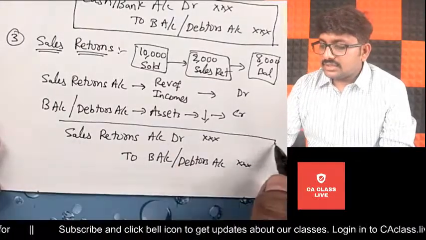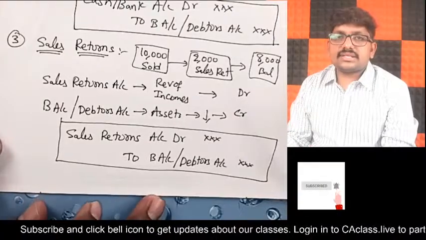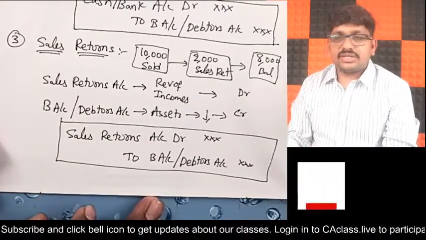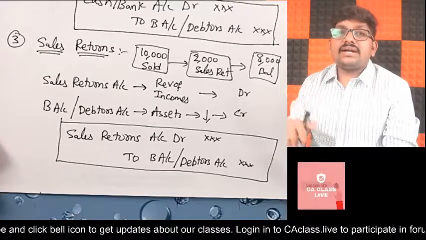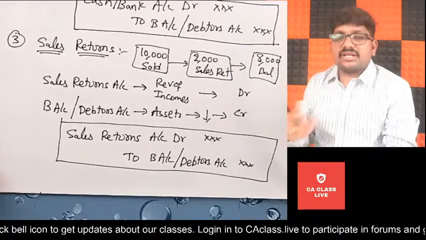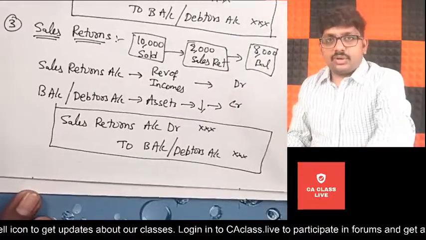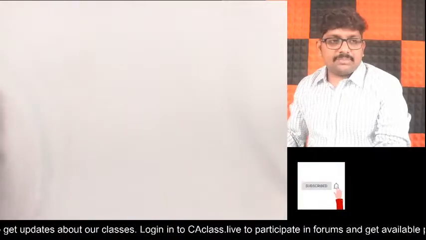Got it, friends? So this is the journal entry I write whenever I return my goods back. Oh, sorry. Whenever customers give their goods back to me. Okay, now let us see my fourth transaction as a part of it.